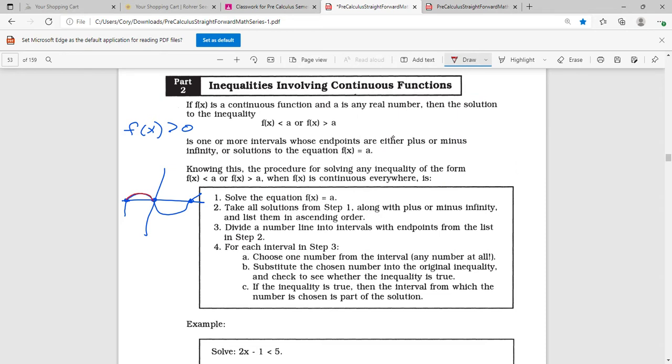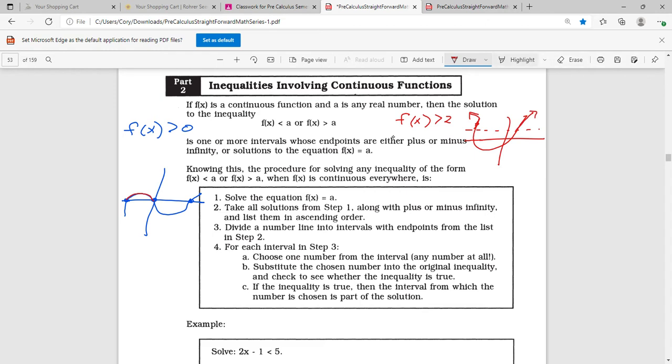Or let's say that our graph looked like that, and we have f of x is greater than 2. We would find the 2 line, and it would only be the values that were above 2, so everything from here over and everything on this side over.